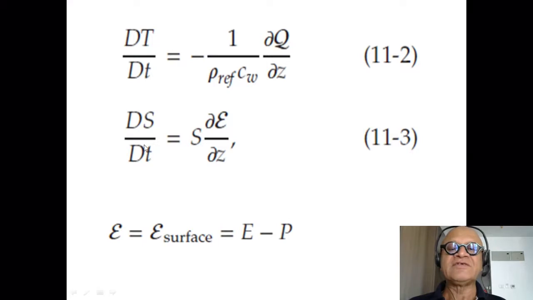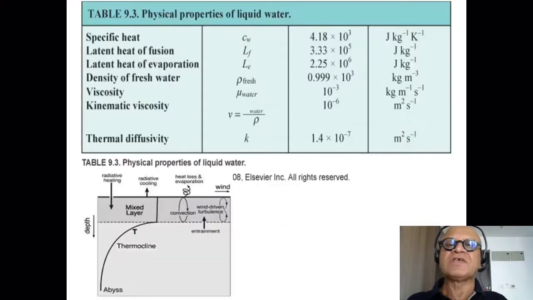And dS dt of course also includes time variability and the advection terms, equal to S times d epsilon dz, where epsilon is the freshwater flux at the surface, which is the net E minus P. Okay, fairly simple looking things, but obviously not as easy in the real world, because you remember our mixed layer processes. The specific heat of the ocean water is 4.18 times 10 to the 3.